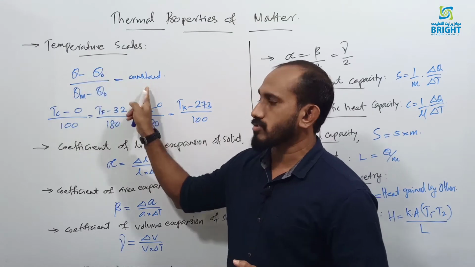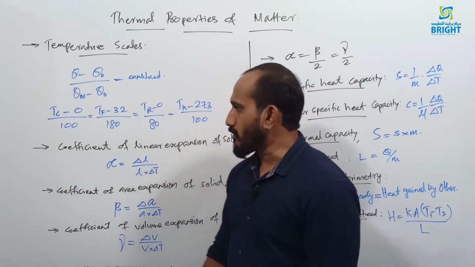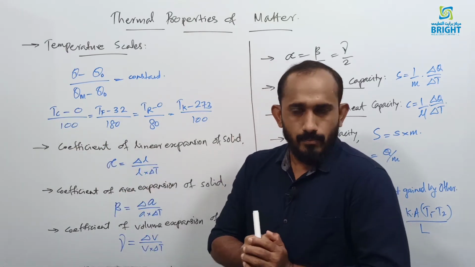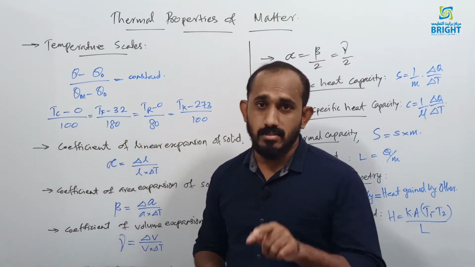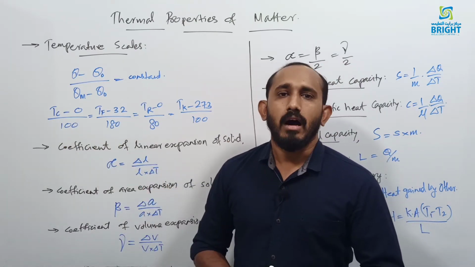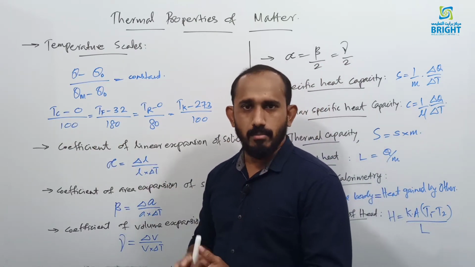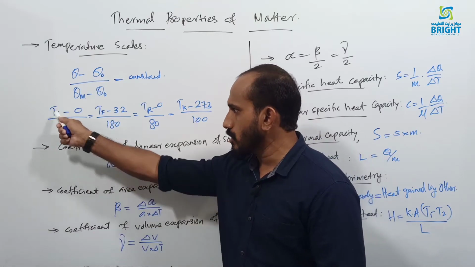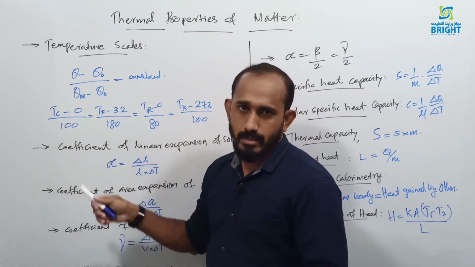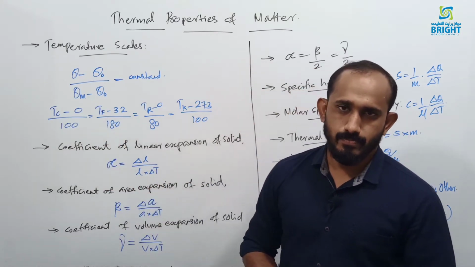This ratio will be a constant for all the scales. So for Celsius, Tc, the temperature in the Celsius scale, minus 0 degree Celsius, the freezing point in the Celsius scale, divided by 100. 100 means 100 degree Celsius is the boiling point, minus 0. So 100 minus 0, you get this ratio for the Celsius scale. Tc minus 0 by 100 is nothing but Tc by 100.